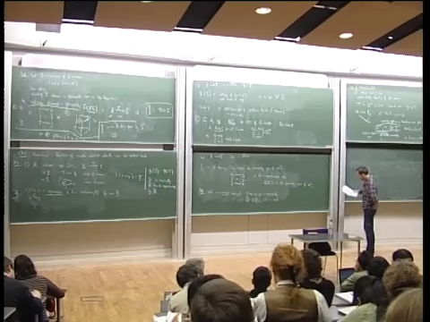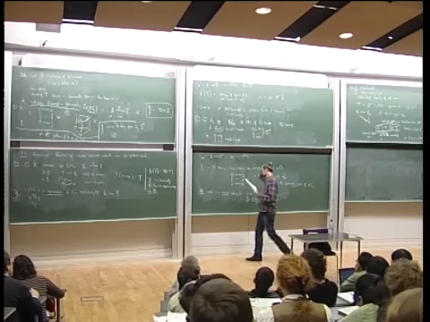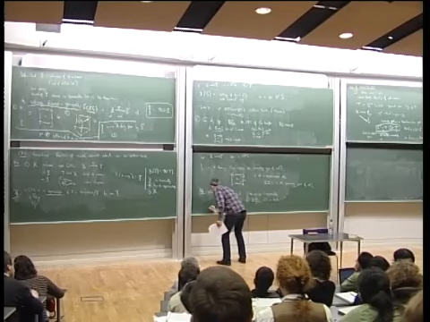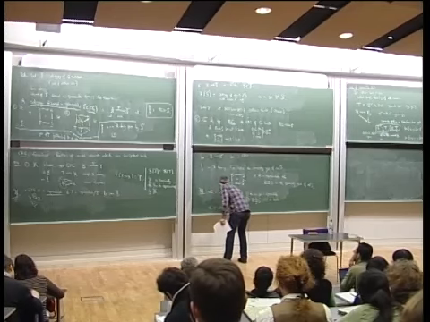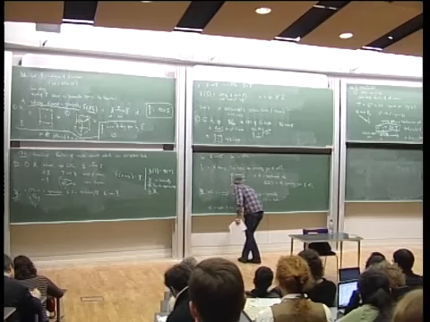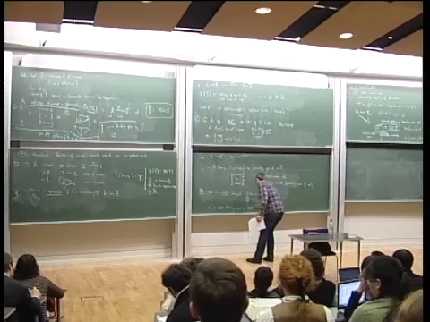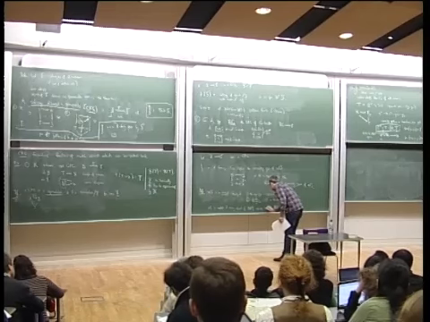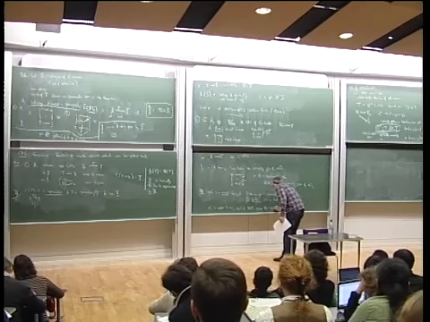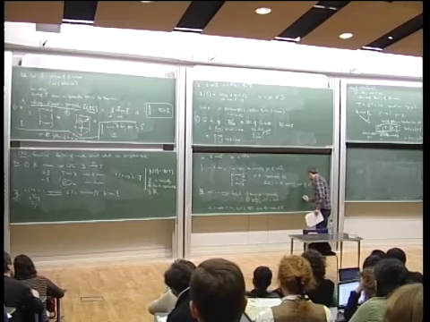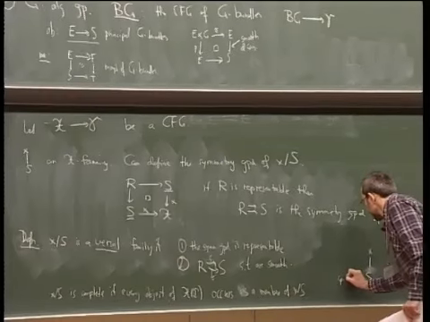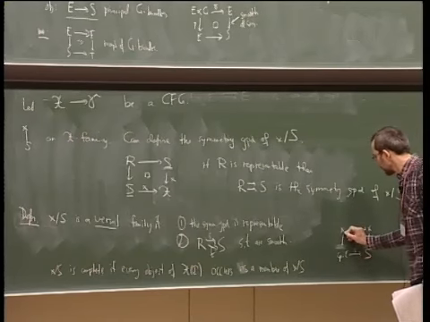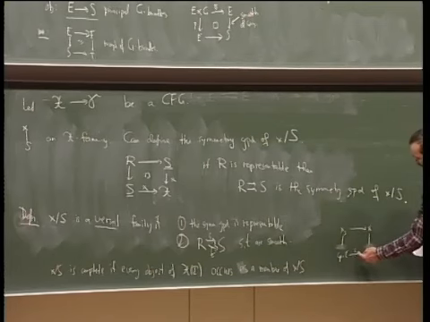So let me say, then let me also say this is... So if I have a family X sitting over S, and I have a point of S, then I can form the pullback, if this is maybe little s, that gives me the member of the family given by the point s.